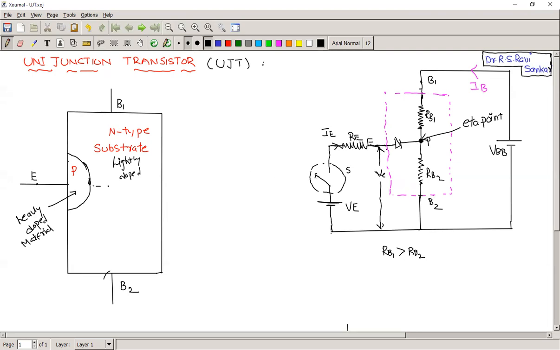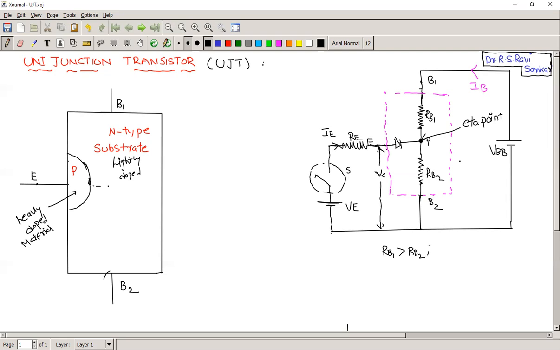When the switch is off, if you apply the voltage across B1 and B2, the current flows only through these resistances. Now we are trying to find the potential of the eta point with respect to the negative terminal.